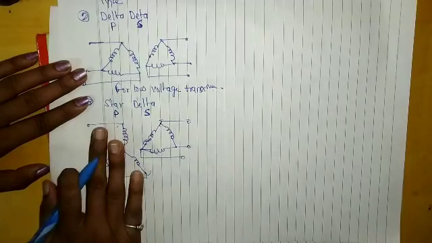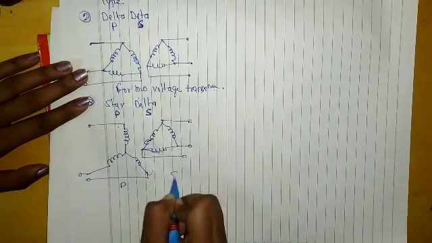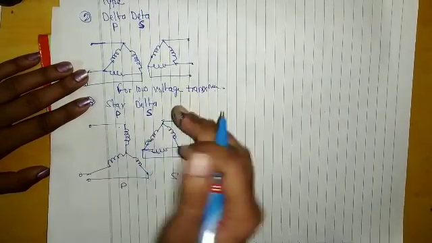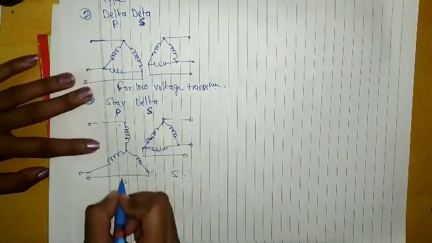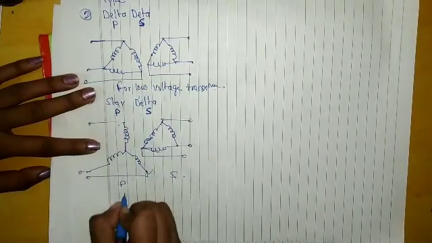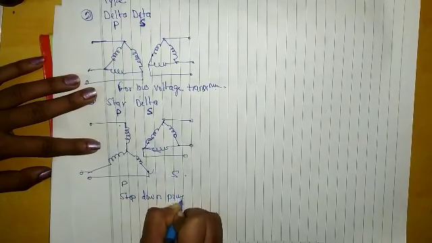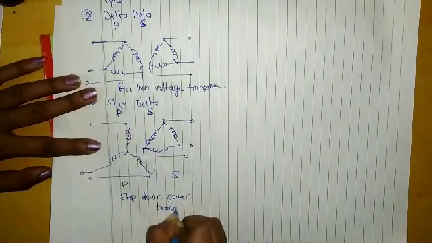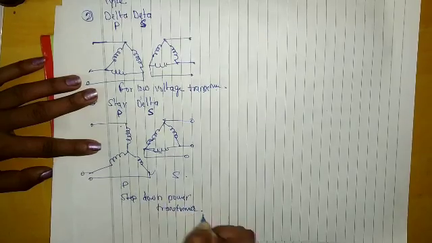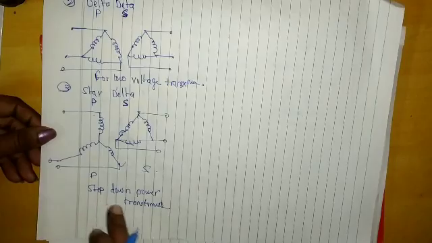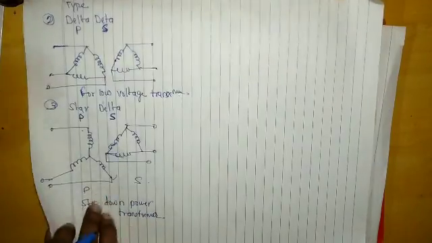Okay, so this is for primary, this is for secondary, right? And this is used for step down power transformers. In your textbook it is given wrong, so just remember star delta is used for step down power transformer.